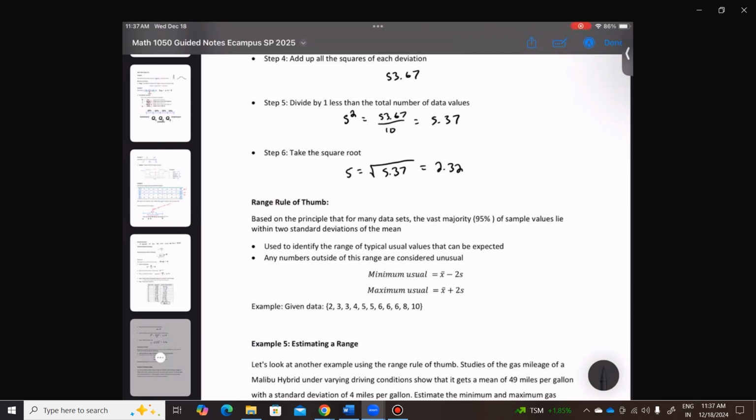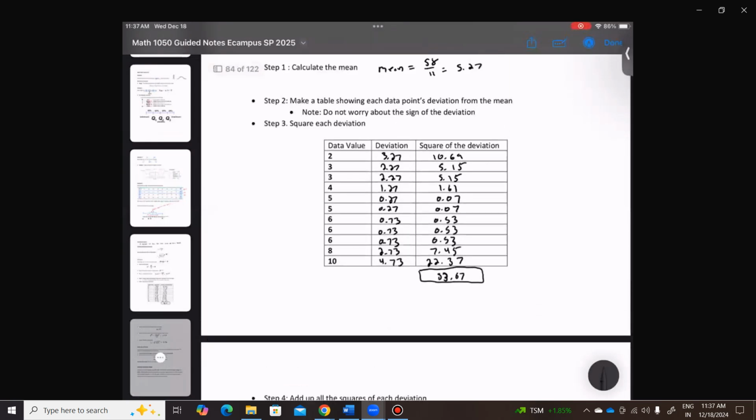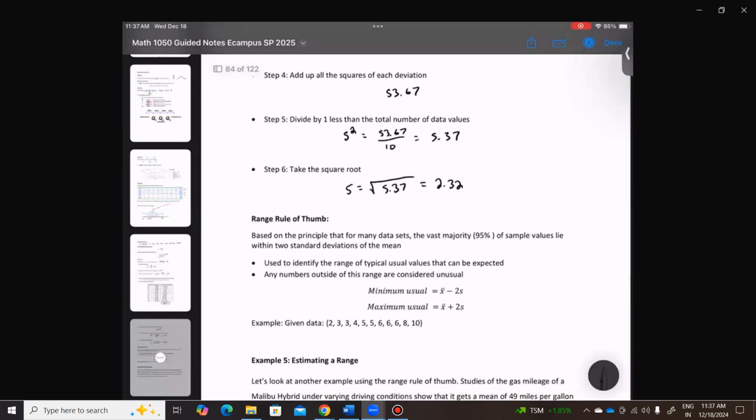So in our case, the mean is 5.27 minus 2 times our standard deviation of 2.32, and we do 5.27 plus 2 times 2.32.